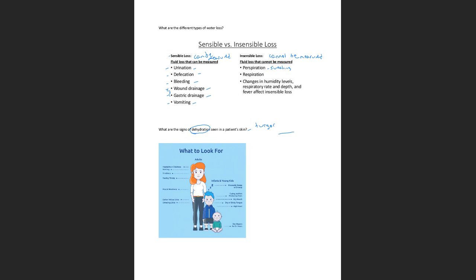So if the doctor pinches your skin, and it takes a long time for the skin to go back to normal, you're dehydrated. That's skin turgor, the ability for your skin to bounce back to its normal size and shape after you pinch it. You guys can try it now.